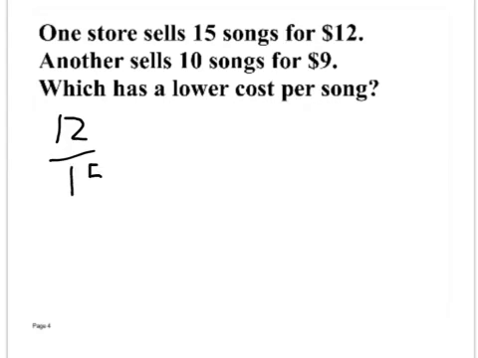So we take 12 divided by 15. Because I divide by 15 here. How many times is 15 going into 12? Add a 0 there, yeah. And 0 point something.